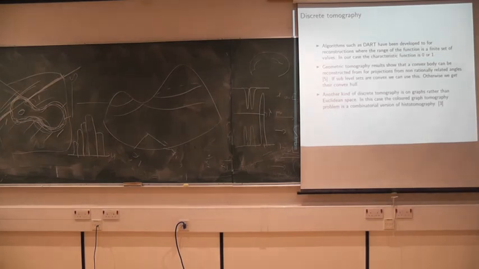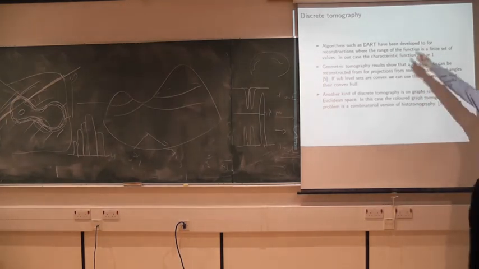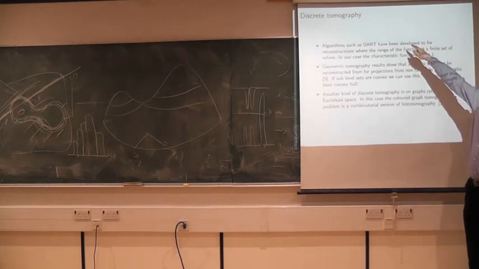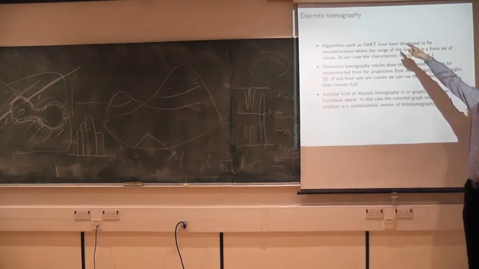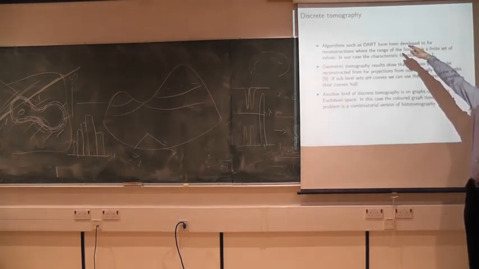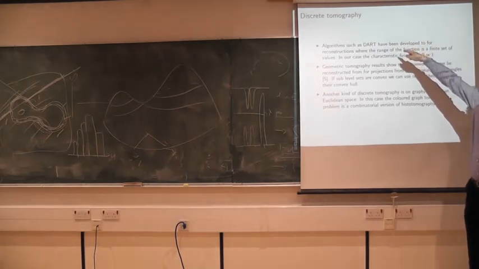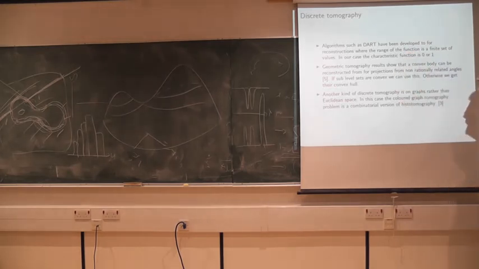There's not a lot of theory there, but there are some really good practical algorithms. My point is that I could apply those to each level set, each fat contour, or each sub-level set, as a discrete tomography problem. So you've already got a method to do it.